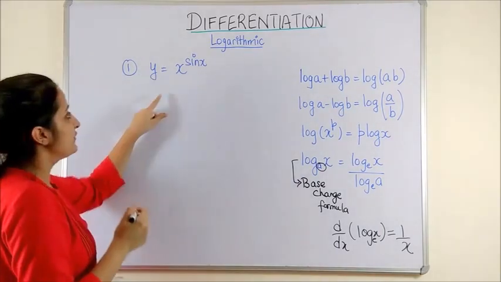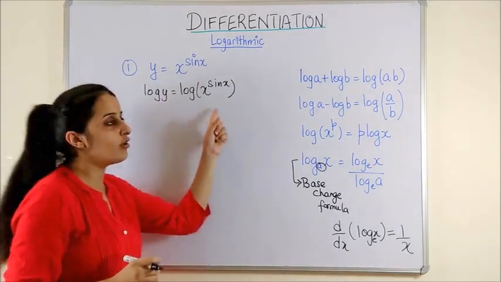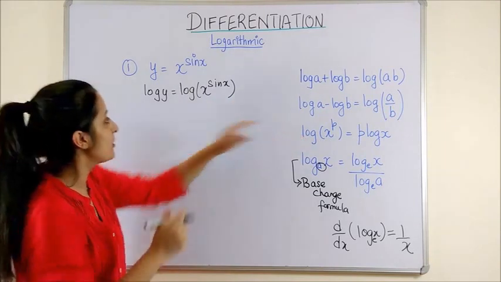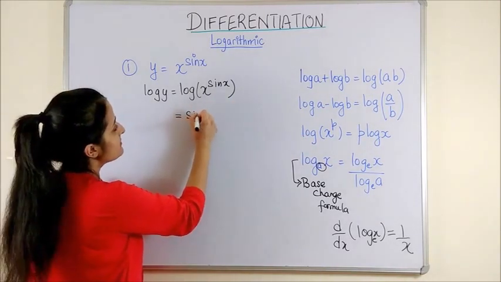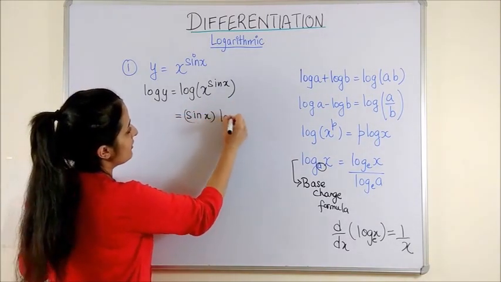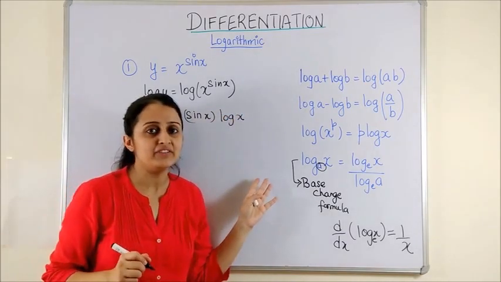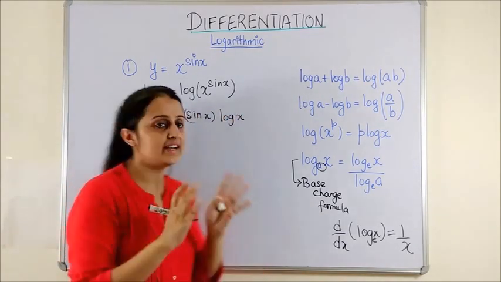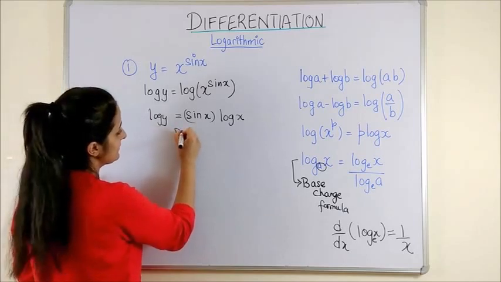So let's look at the first question. Now if I take log on both sides, I can use my property 3 and my right side becomes sine x into log x. Now I can very conveniently differentiate both sides with respect to x.